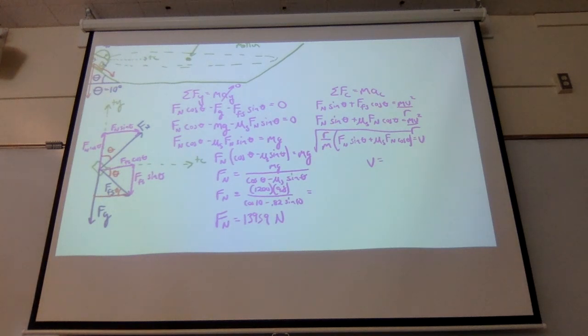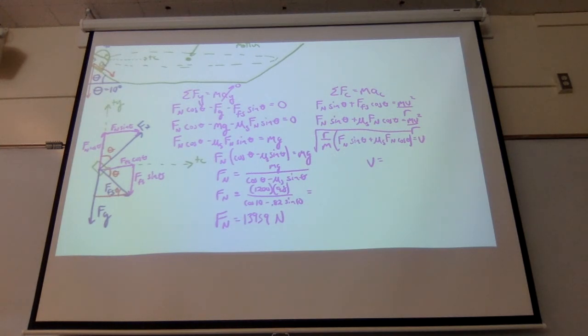And somebody's going to calculate that before we run out of time. I know, you can do it. We have r from the previous problem, it's 45 meters, the mass of the car is the same. We just found the normal force, we know theta, we know mu. You know how to take a square root by pushing a button. And you should get something bigger than 19 meters per second because it's a banked curve.